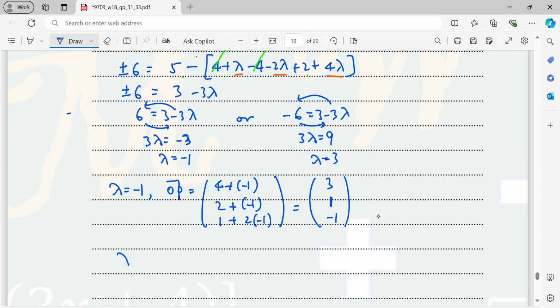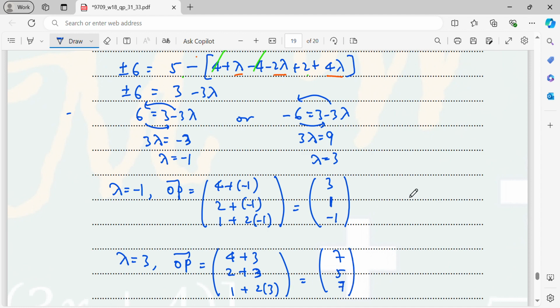And same goes to the next lambda value, which is 3. So your OP will be 4 plus 3, 2 plus 3, and then 1 plus 2 times 3. Then you will be getting 7, 5, and 7. Okay, so done for the 2 position vectors of P.